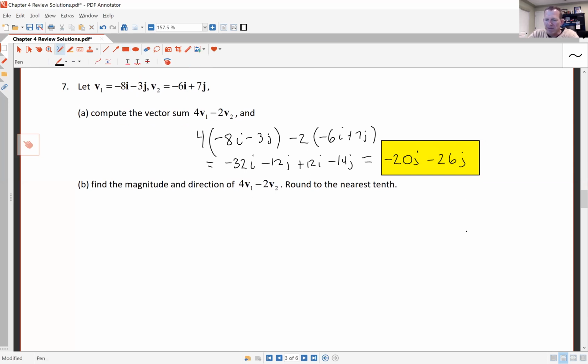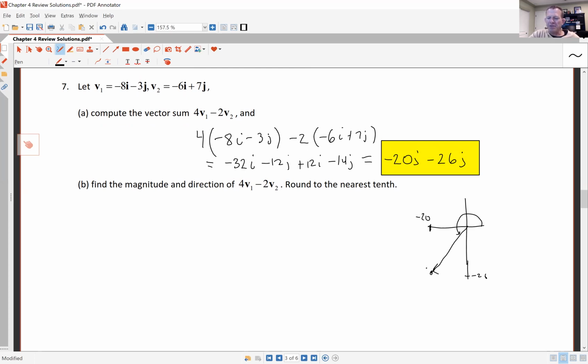All right, so let's think about this one. It's going out 20, and it's going down 26. So we would expect that the direction of this is bigger than 180 and smaller than 270.